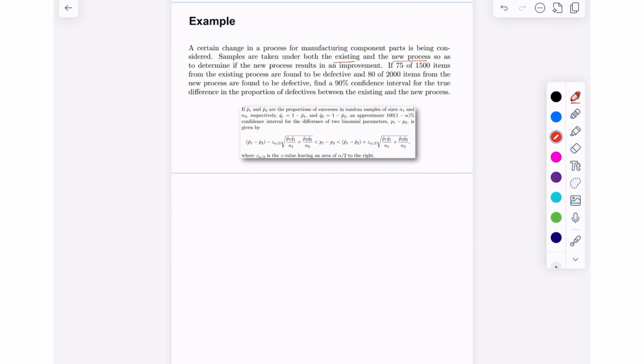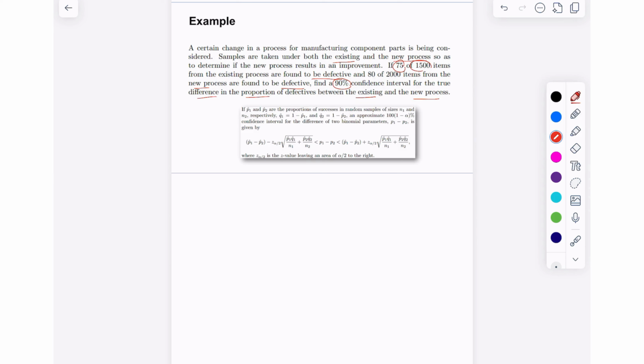So if 75 of 1,500 items from the existing process are found to be defective, and 80 of 2,000 items from the new process are found to be defective. So find the 90% confidence interval for the true difference in the proportion of defectives between the existing and the new process.